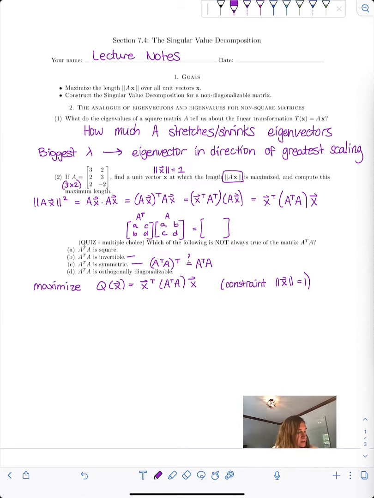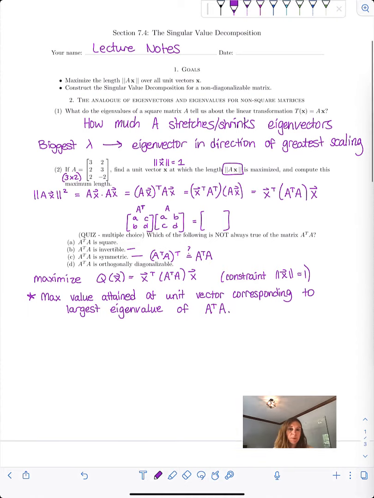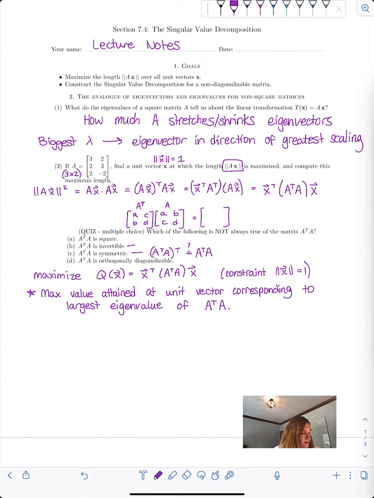It turns out, and this is something we won't go into why it's true, that the maximum value is attained at a unit vector corresponding to the largest eigenvalue of A transpose A.